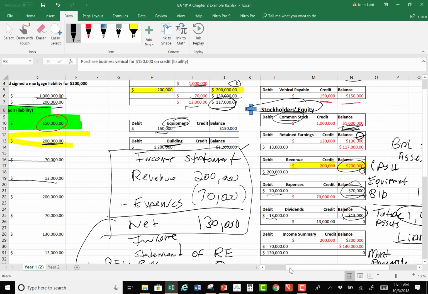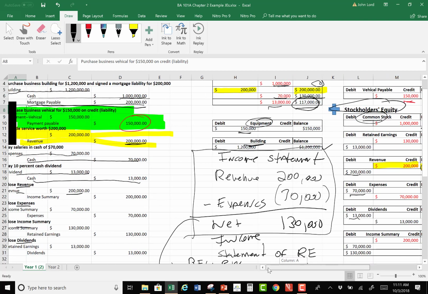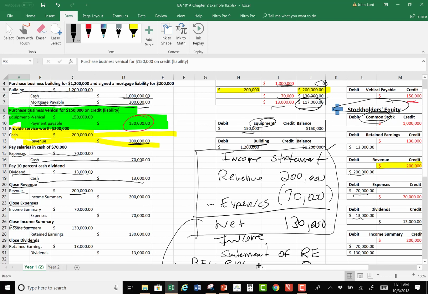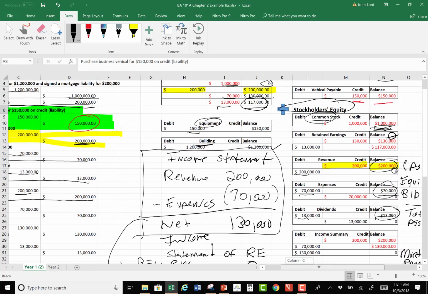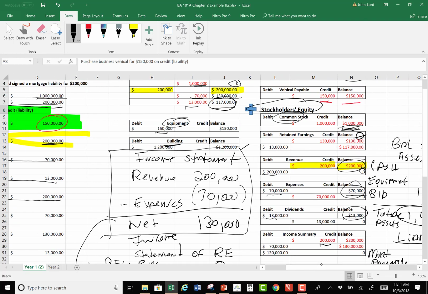I've got my income statement prepared, so I don't need to know what it was for the year anymore. I'm turning it back to 0 so we can start next year, right? So when I debit revenue, in that same entry, I credit income summary. I come over to this account, income summary, and I credit it for 200. I post that credit. And right now, my income summary account is showing me what my revenue was for the period, right? 200,000 is the balance there.